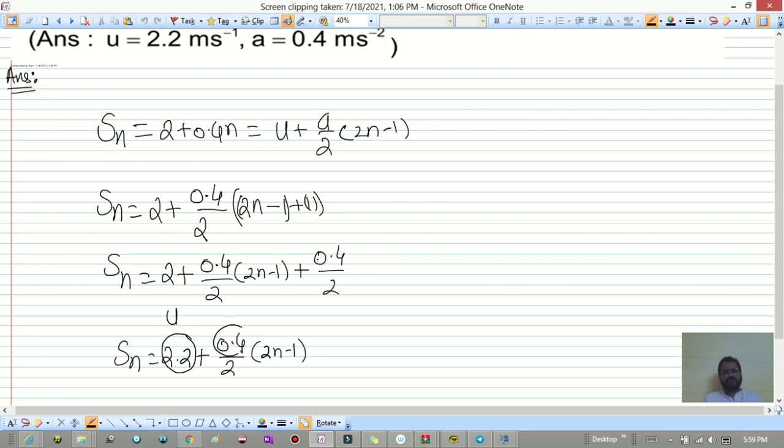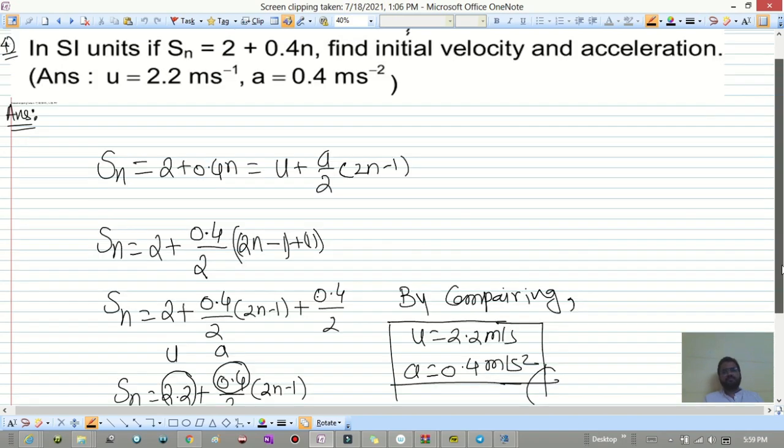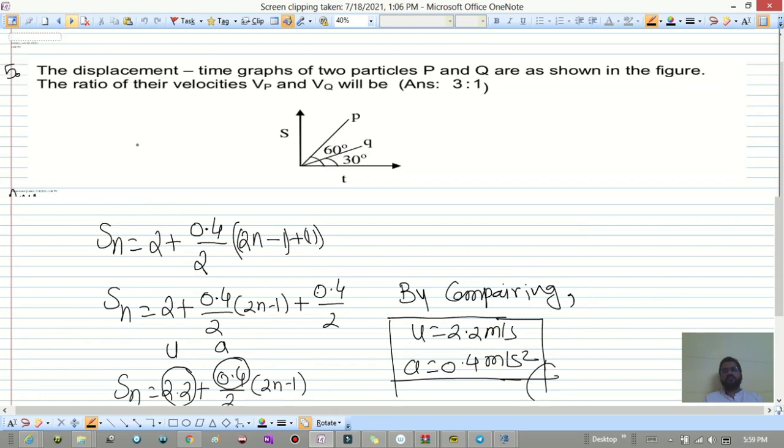What is a? a is 0.4, right? So you can write, by comparing, u is equal to 2.2 meter per second and a is 0.4 meter per second square. So I hope this is clear to you all. It's very simple, right?